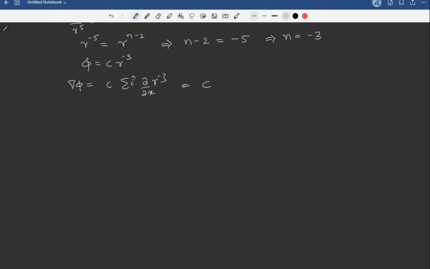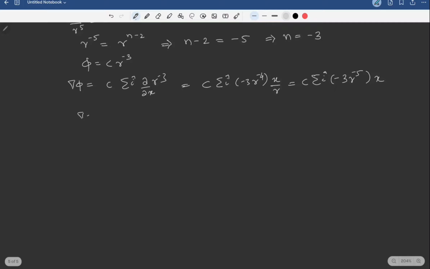It implies c into i cap into minus 3 r raised to minus 4 into x by r is equal to c into i cap into minus 3 into r raised to minus 5 into x.